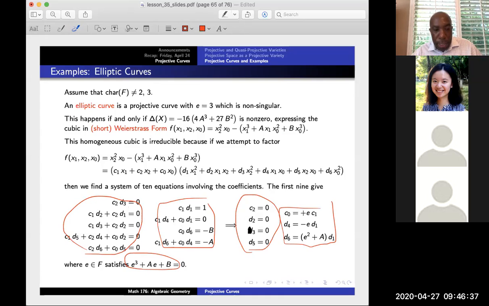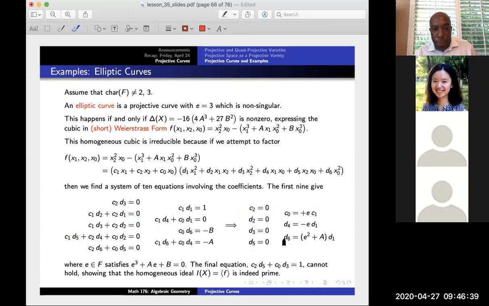But what I haven't said is that there is a 10th equation. The final equation is this. Now, I claim that these 6 equations that I'm circling are not compatible. So again, if the first 5 hold, then that would force these 4 coefficients here to be 0.